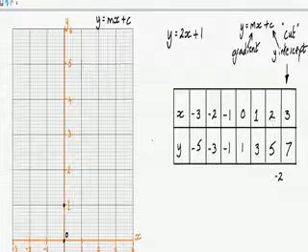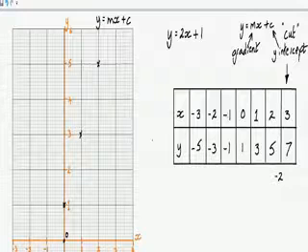So now I go to where x is 2 and y is 5. So x is 2 here, and I go up until y is 5, and I put in a little cross. Where x is 1, y is 3. Now where x is 0, y is 1. Now x is 0 here, and y is 1, and lo and behold, as I said, that's where the line is going to cut the y-axis.